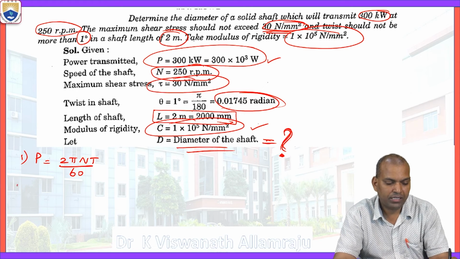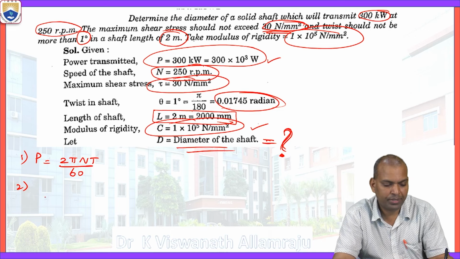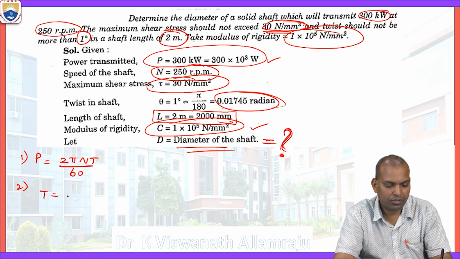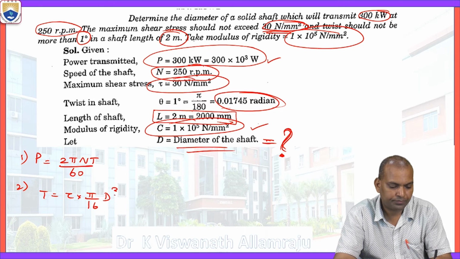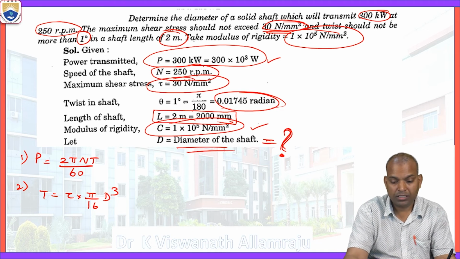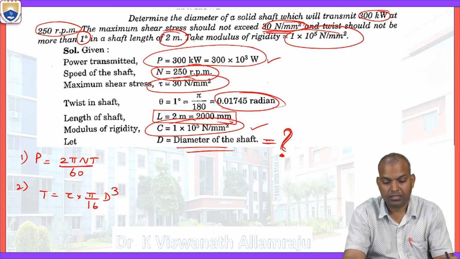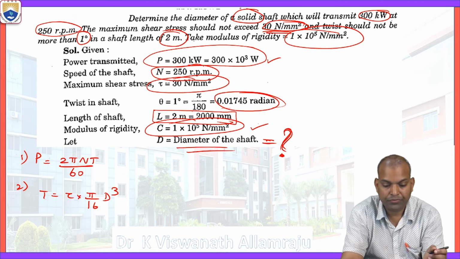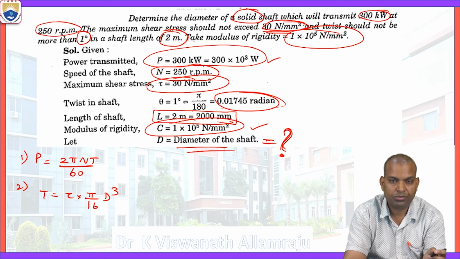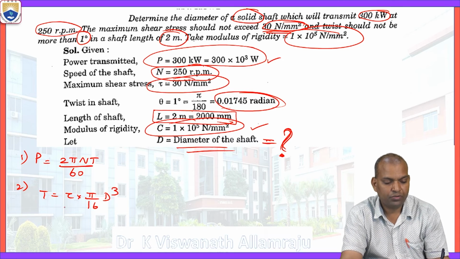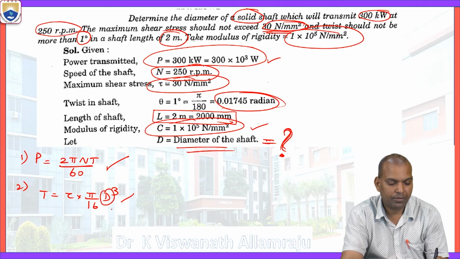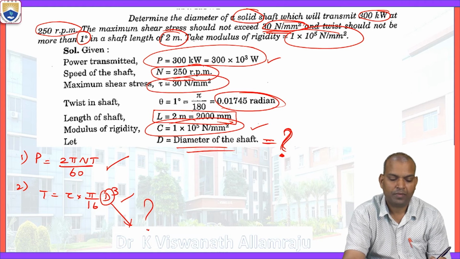And after getting the torque, the shear stress and diameter relation, torque T equal to tau times pi by 16 d cube. Is this a solid shaft or hollow shaft? Yes, it is a solid shaft, so we have to use the formula for solid cross section.